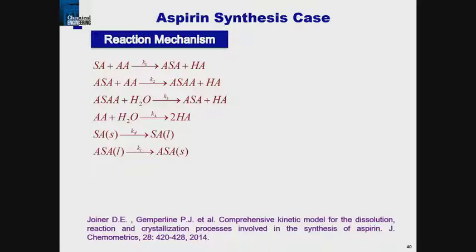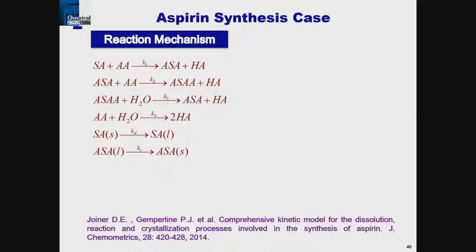So this is the main reaction, but you have side reactions, and you want a predictive model to reduce the amount of side products. For example, this one, ASAA, acetyl salicylic anhydride, you don't want that in your aspirin tablet. There's degradation of, for example, acetic anhydride to form acetic acid.